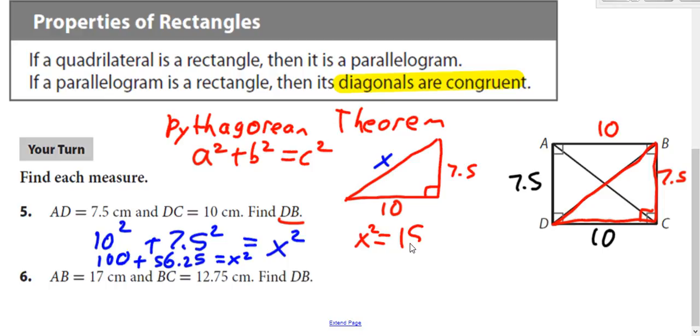So you add those two together, you get 156.25 equals x squared. So to get x, you do the square root of 156.25. And that is 12.5. So DB is 12.5 centimeters.